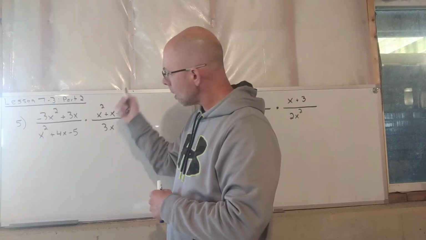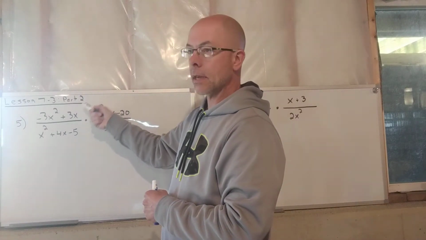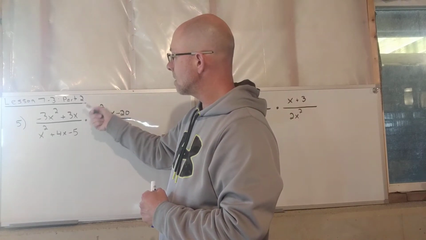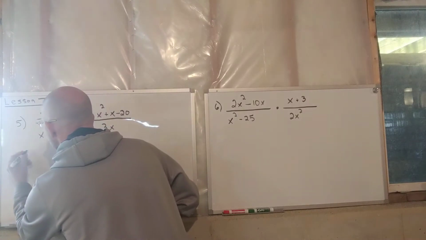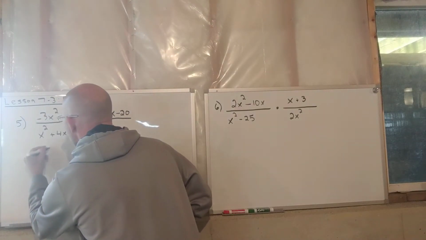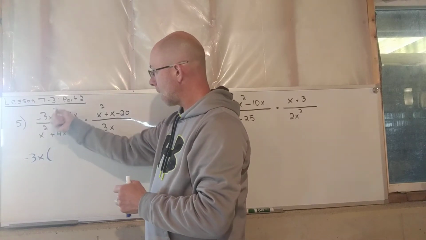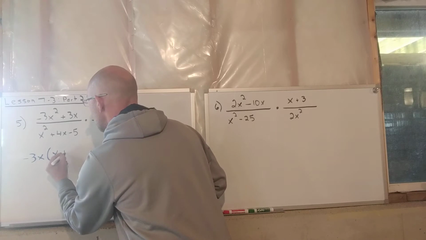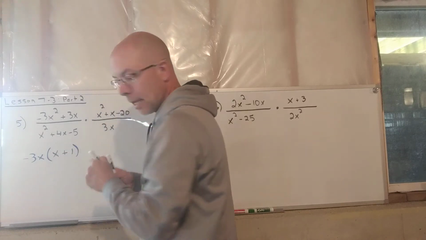So the first numerator right here has a greatest common factor, it's always the first thing you look for, of negative 3x. So if I factor out the negative 3x, that leaves me x minus 1.